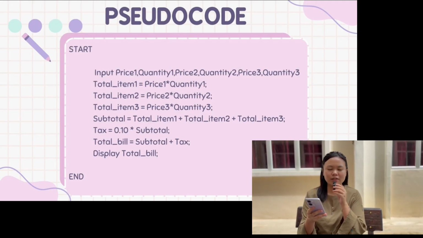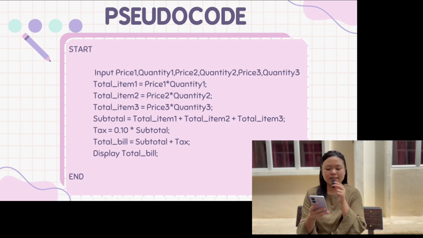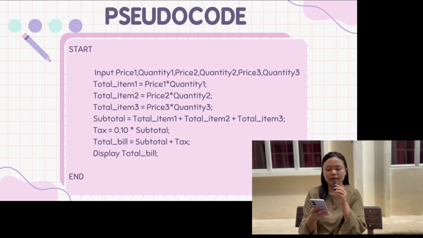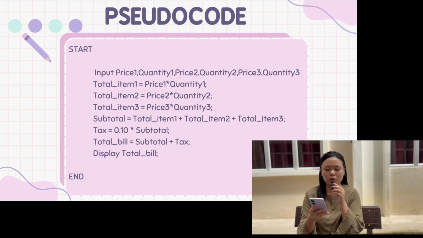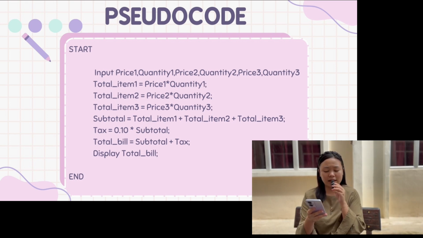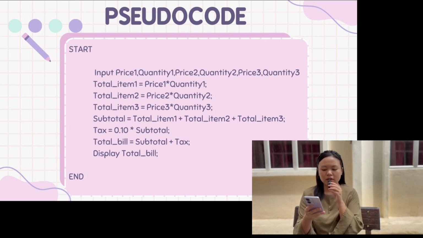So I will explain the pseudocode part. It will start with start, and then input price 1, quantity 1, price 2, quantity 2, price 3, quantity 3. Then total item 1 equals price 1 times quantity 1, total item 2 equals price 2 times quantity 2, total item 3 equals price 3 times quantity 3.